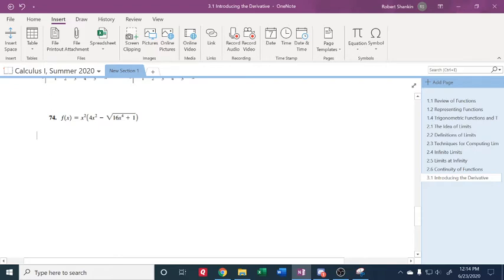My first instinct when I look at one of these is that the only way you're going to get horizontal or vertical asymptotes is if you have a fractional function. And this one doesn't have a fraction in it, so it's not going to have any horizontal or vertical asymptotes. It's my first instinct on it.